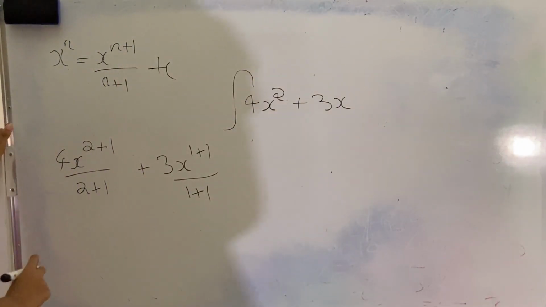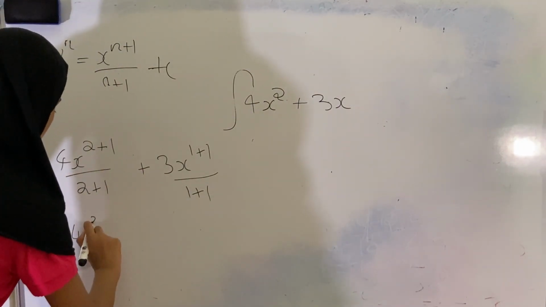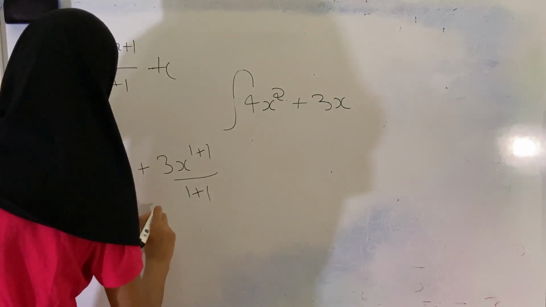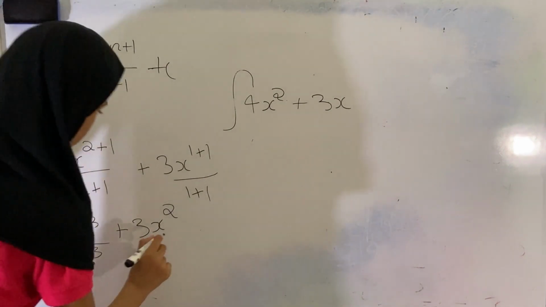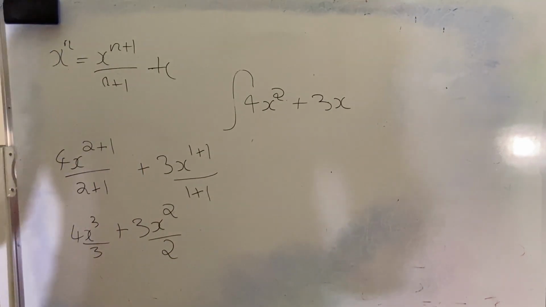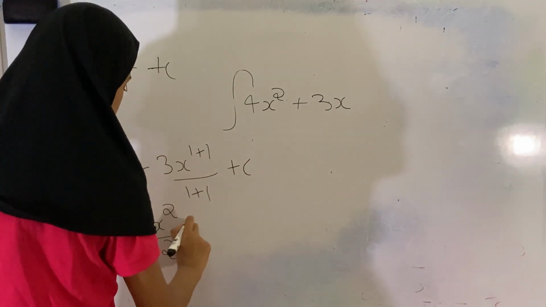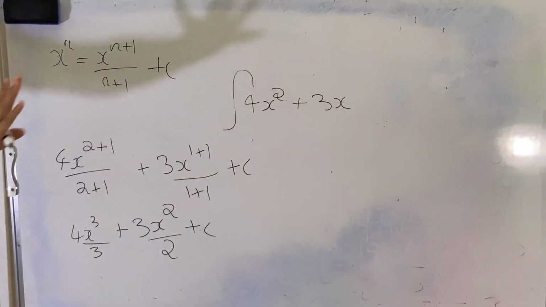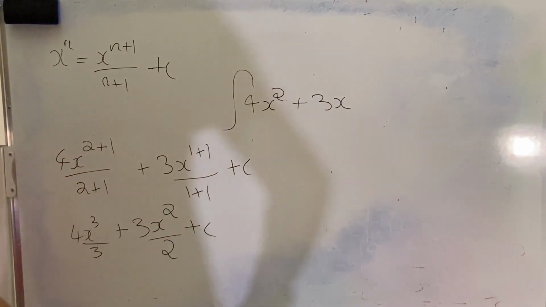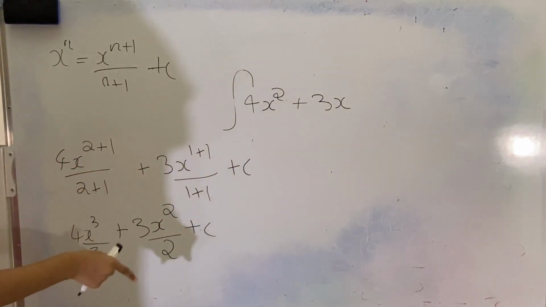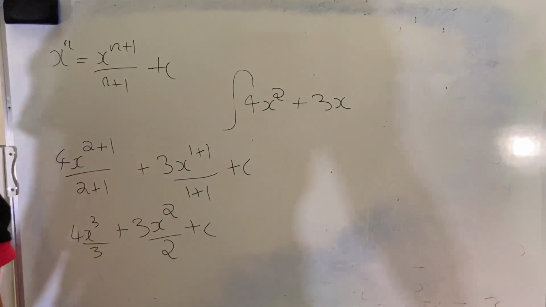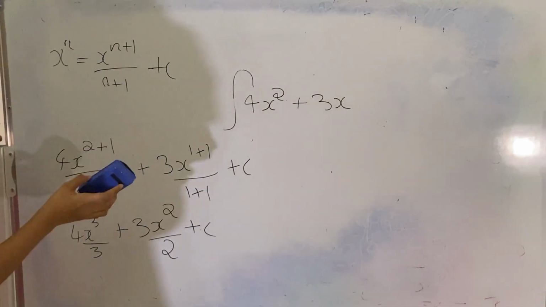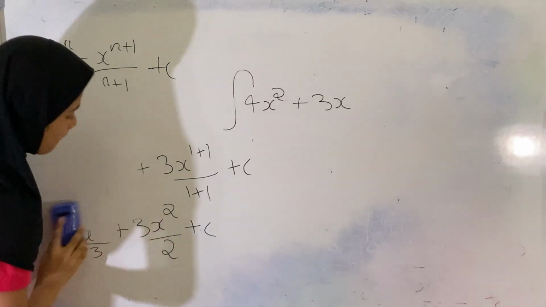So it's going to be 4x cube by 3 plus 3x square by 2, and don't forget to write plus c. So the answer of 4x square plus 3x is 4x cube by 3 plus 3x square by 2 plus c.